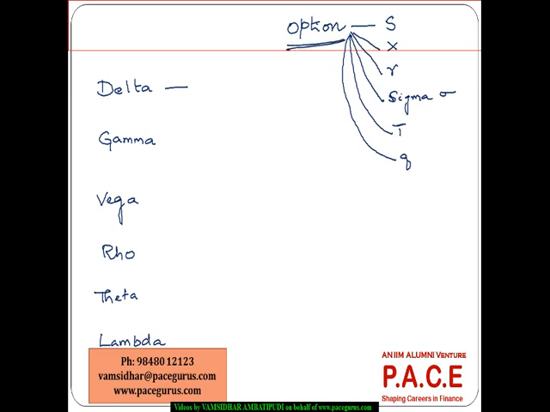Now, if any one of these changes, probably the price of the underlying stock can change quite drastically. It's very uncertain. Even the strike price can change. The risk-free rate of return during the period of the derivative can very well change. Sigma can change, which is the volatility of the security. The time to maturity, with the passage of every day, is going to change.